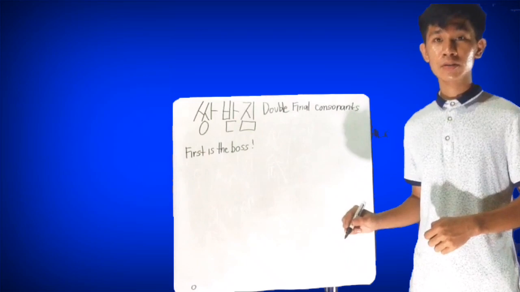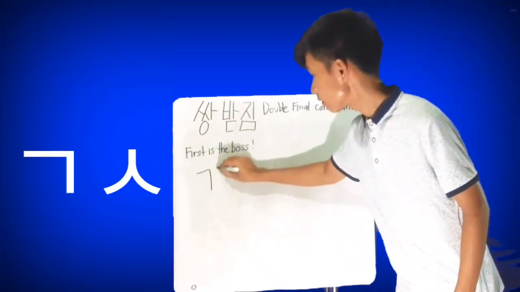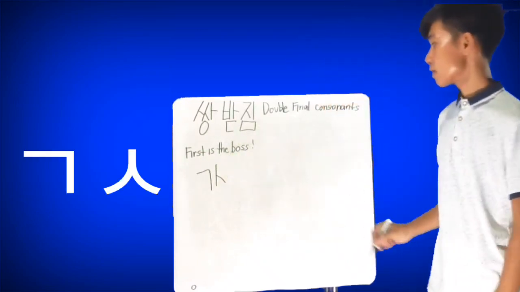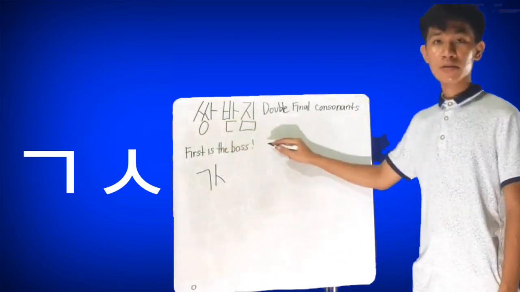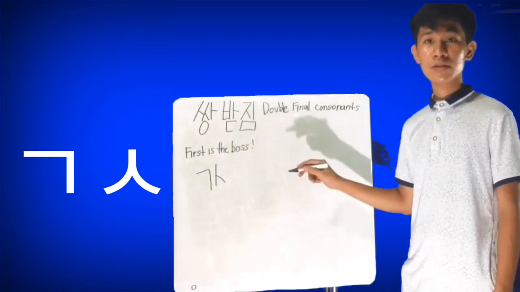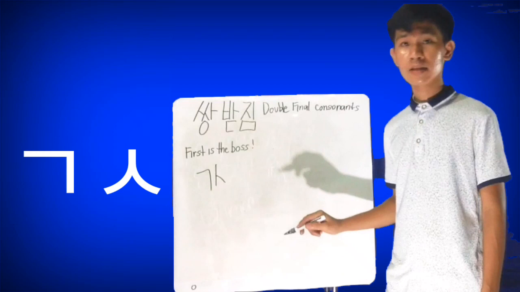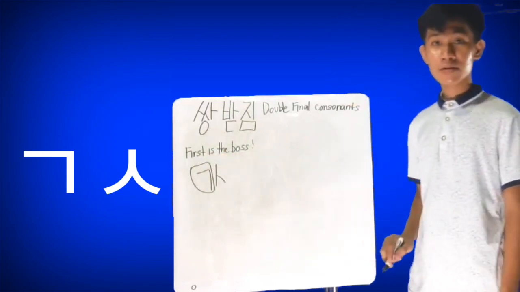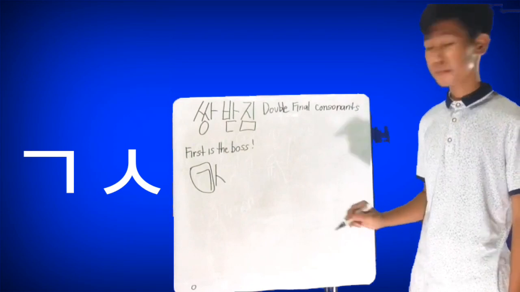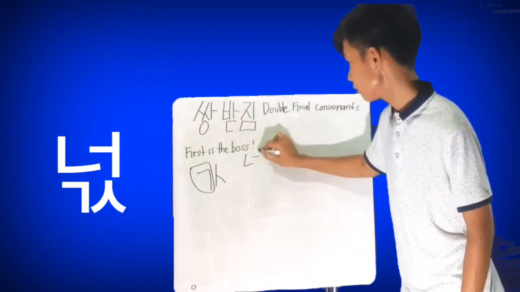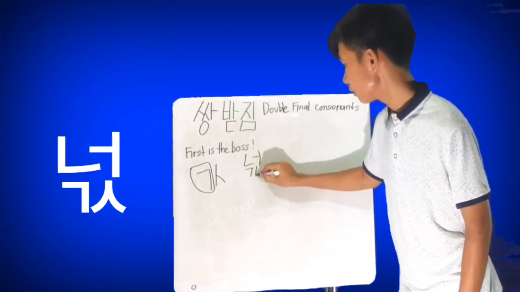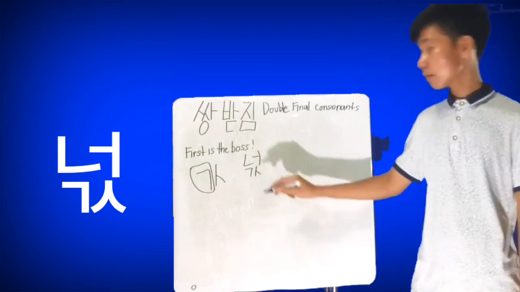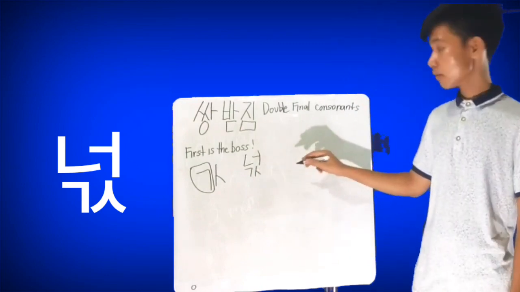We have the kyak-shok. So first is the boss. That means that the pronunciation follows the first consonant. So in this case, this first consonant is the boss. So for example, noksu.